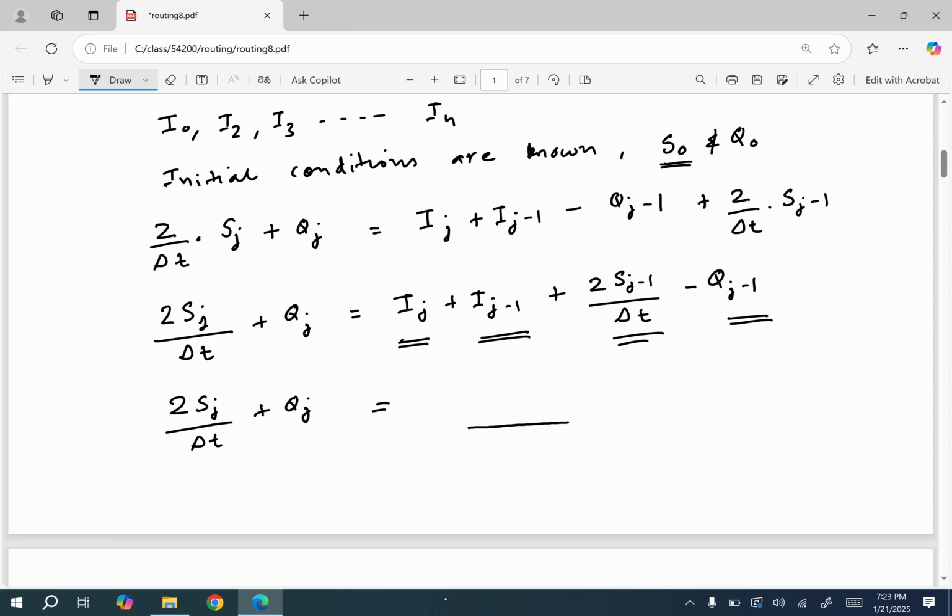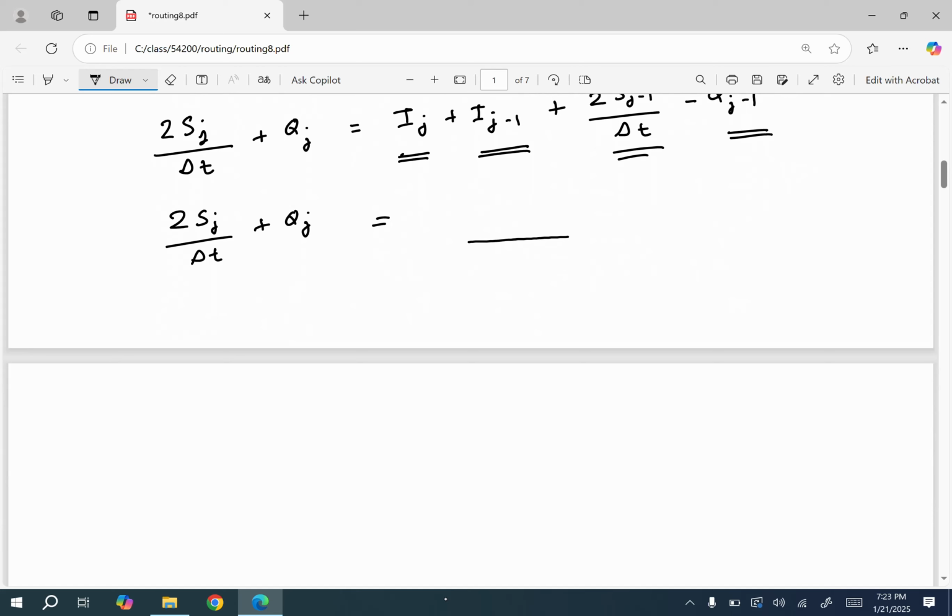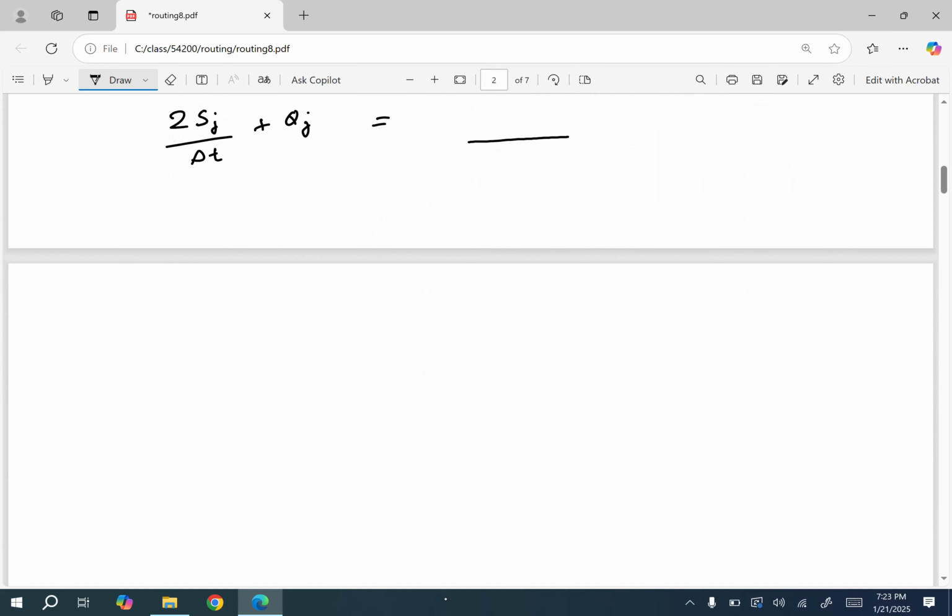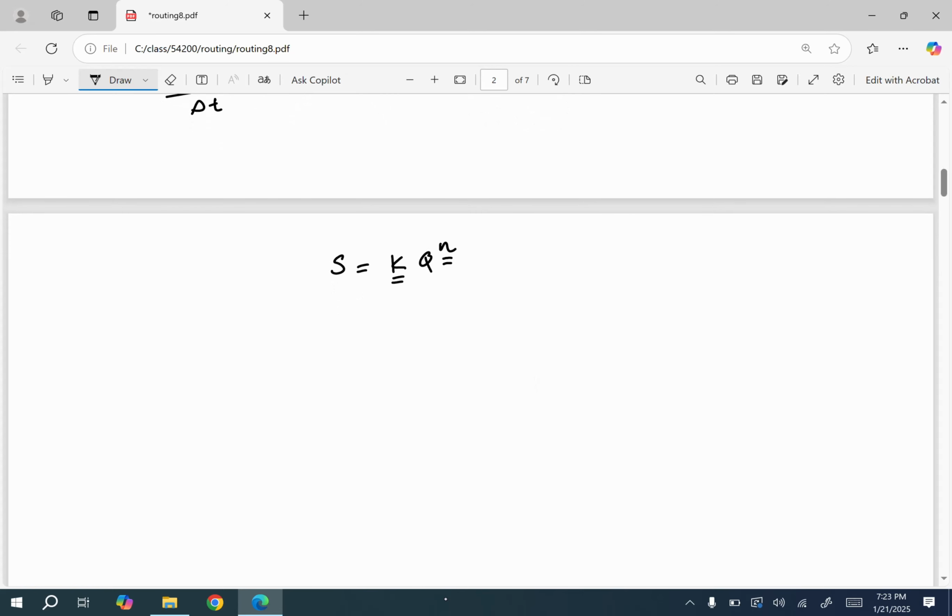So we have two variables that are unknown. Sj is unknown, Qj is unknown. So how do we solve this problem? That is where the relationship between storage and discharge comes into the picture. For example, if we know this relationship, let's say we know K, we know N, what we can then do is just assume some values of Q. I'm just going to create this as an example.